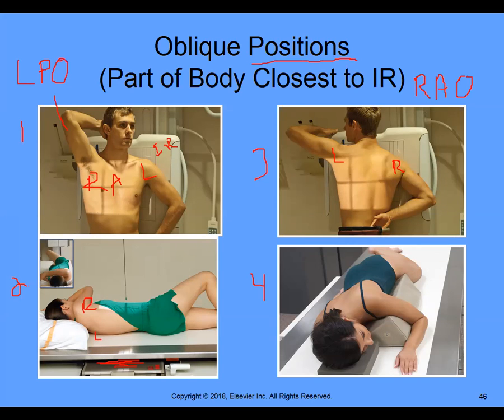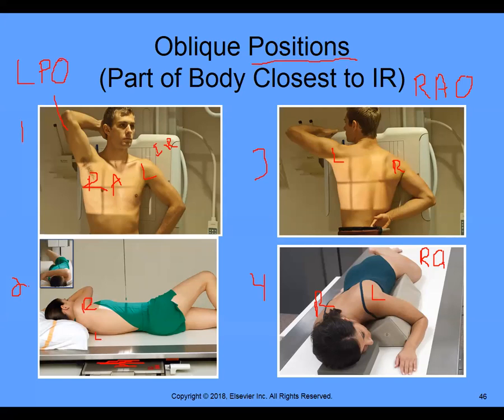Same thing with this patient. She's in a recumbent position. This is her left, and this is her right. What side is closest to the image receptor? Her right side. Is it her posterior or anterior? In this case, it would be her anterior. Oops.